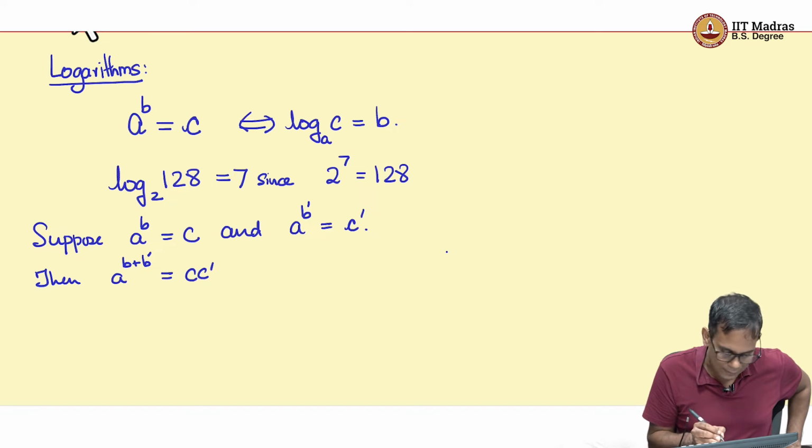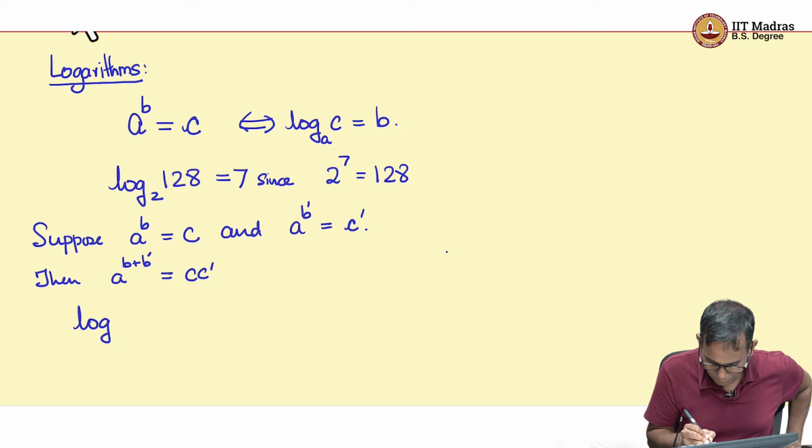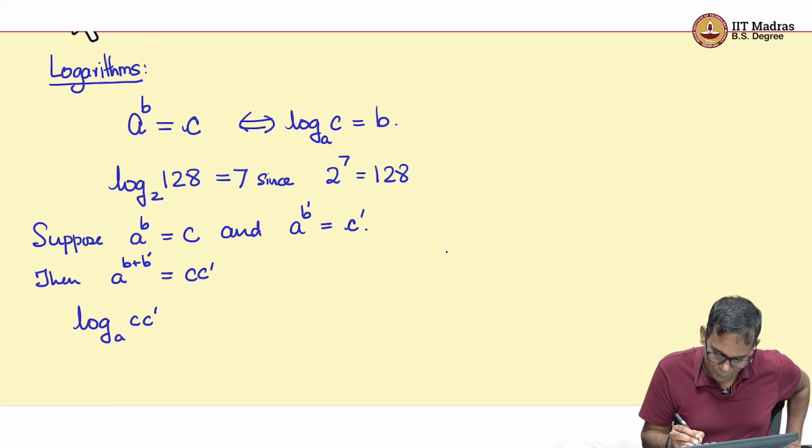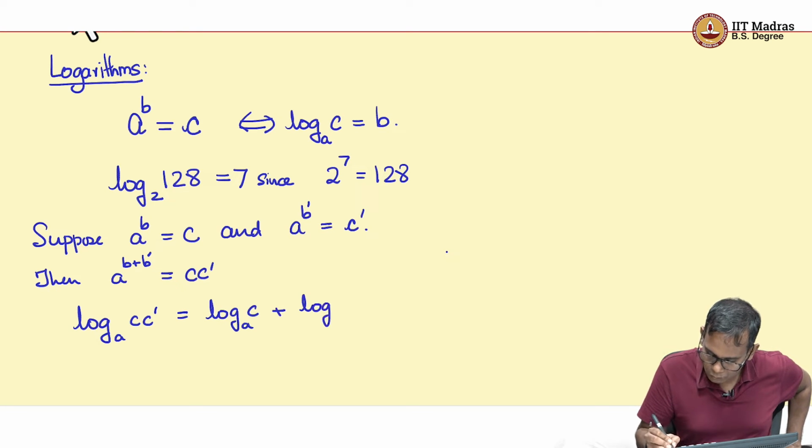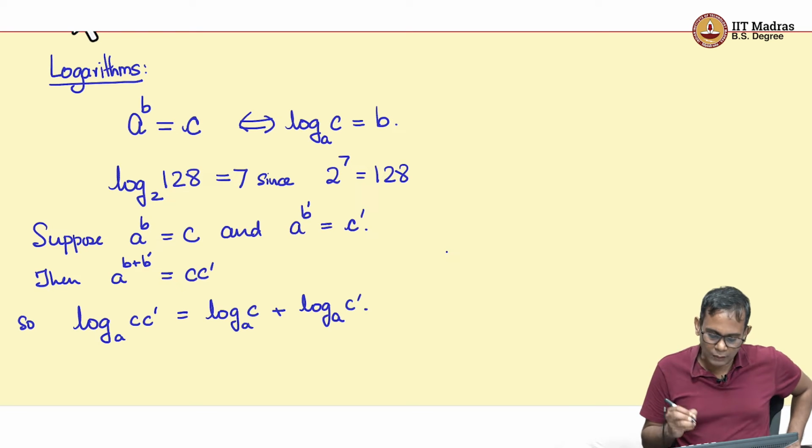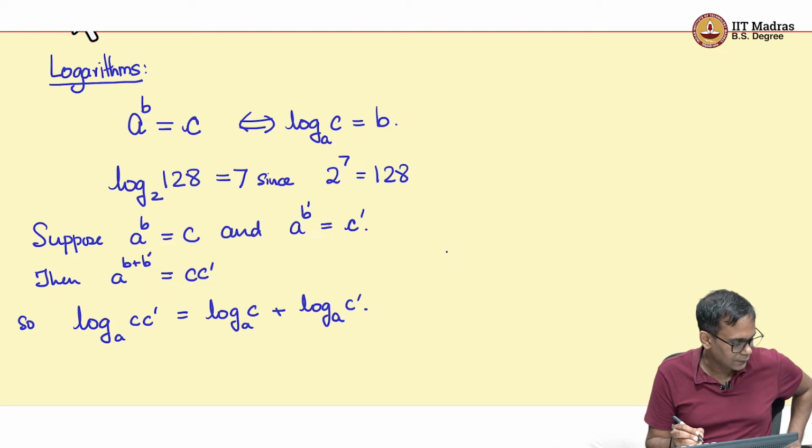So what this is saying is that the log of c c prime to the base a is b plus b prime, which is just log of c to the base a plus log of c prime to the base a. So, what log does is it converts multiplication into addition.